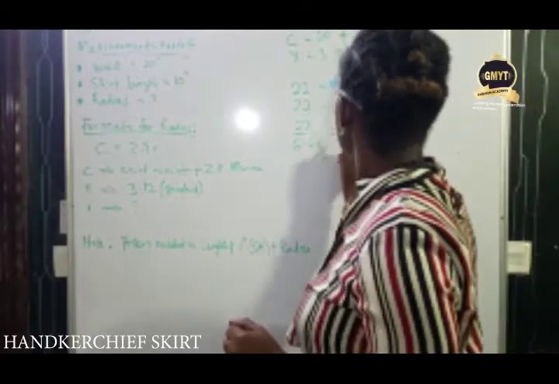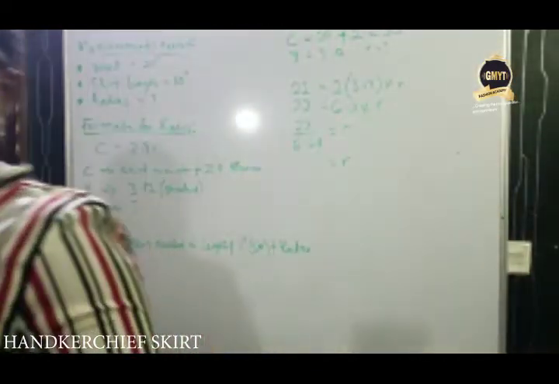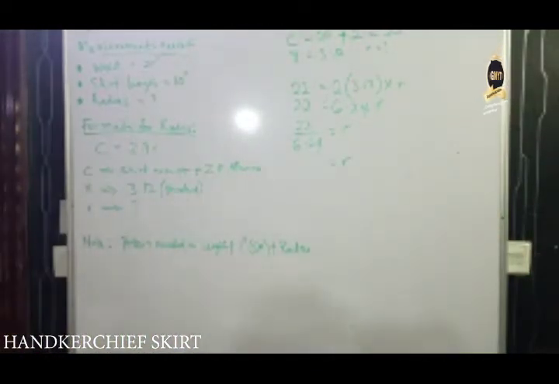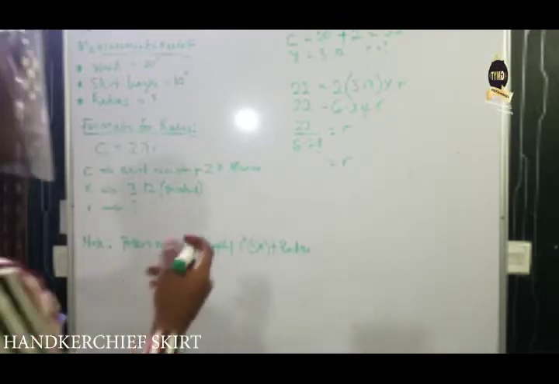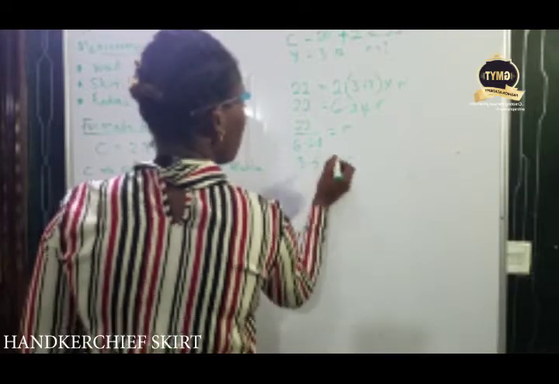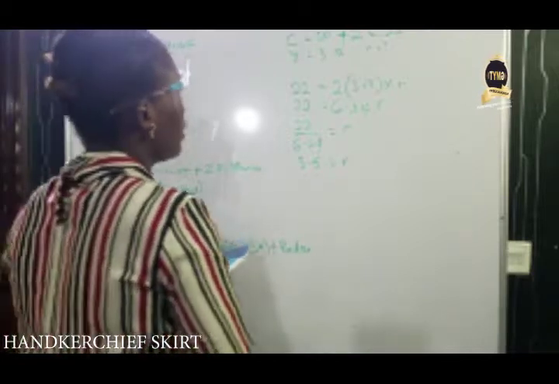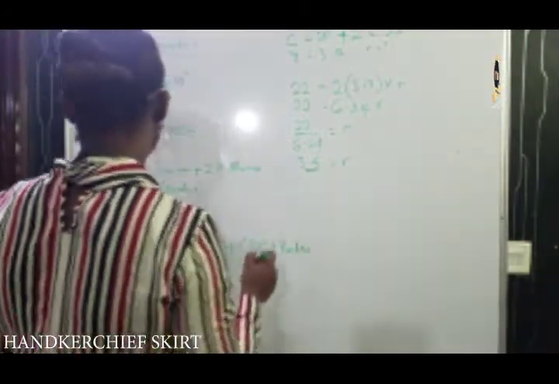Calculating this now, this division gives me 3.5. So I'm going to use 3.5 in place of my radius.